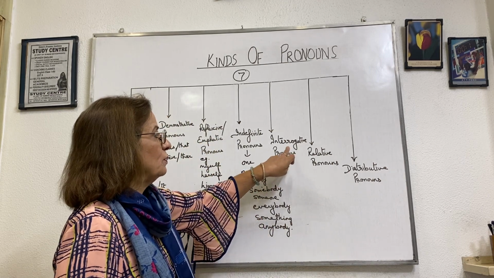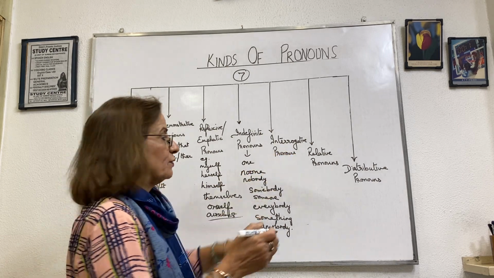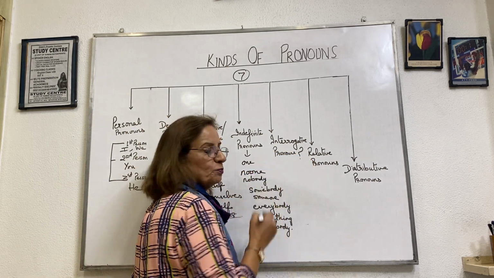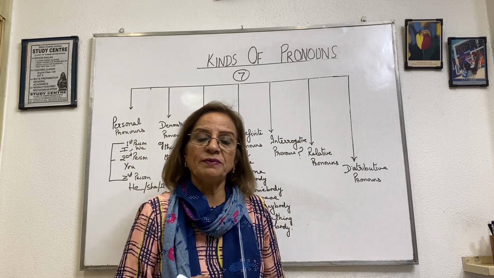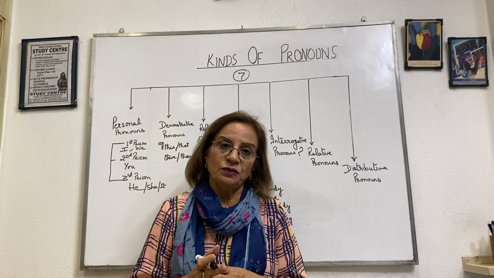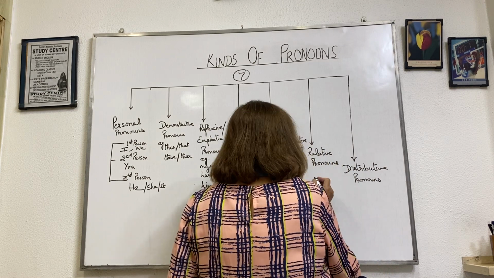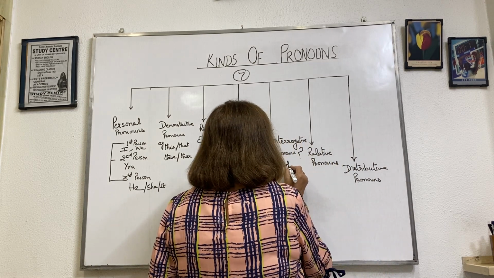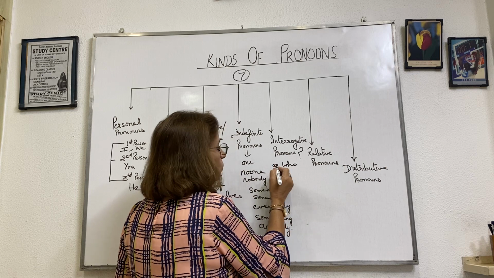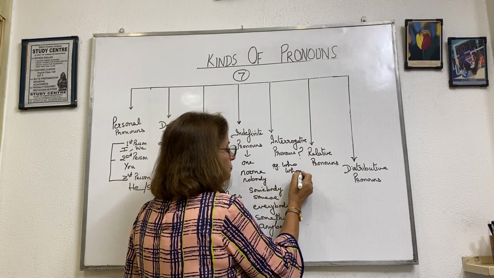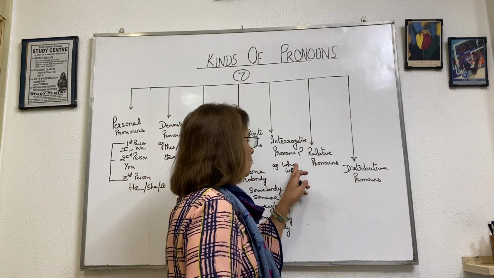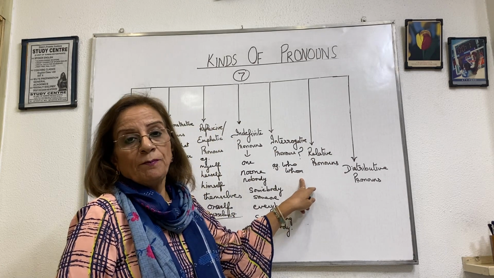Then we come to the next, interrogative. Whenever we say interrogative, it means it asks a question. Okay. So which are the interrogative pronouns? Like who, whom. Who and whom we always use for people.